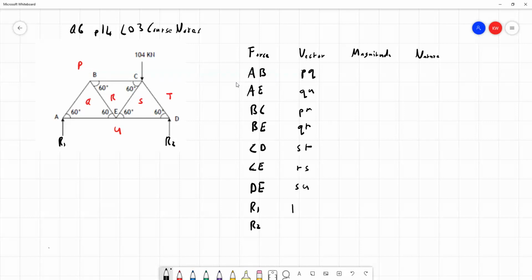So R1 will be vector PU, and R2 will be vector TU. I'll try and make it absolutely clear when it's a T and when it's an R.